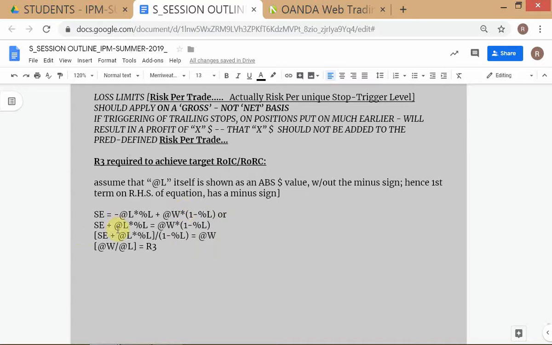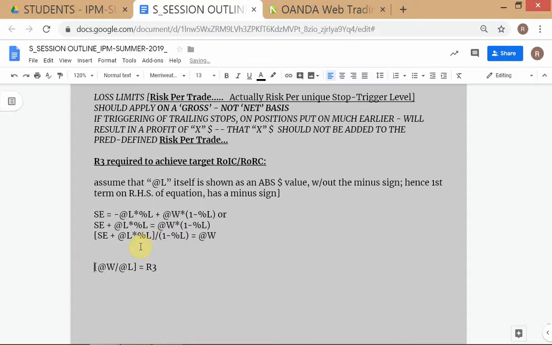So SE plus this term is equal to average win times this. It's all there in your notes. Or average win is equal to SE plus average loss times percentage loss, divided by 1 minus percentage loss.